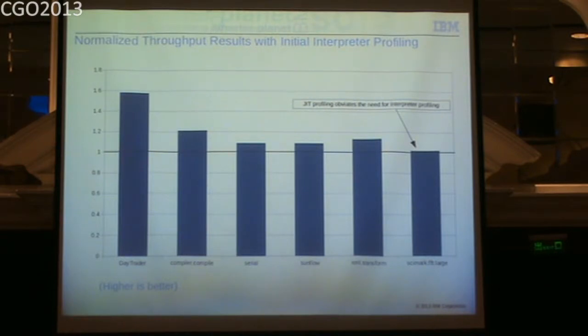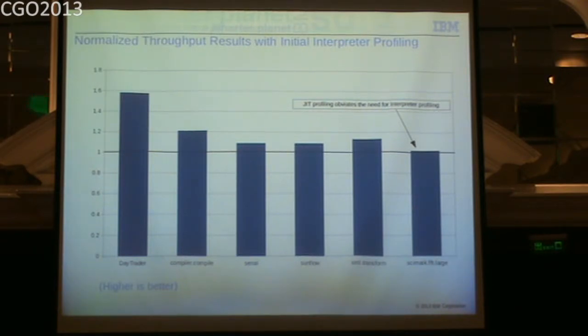So I have DayTrader, which I previously showed, and then there's SPECjvm 2008, a subsection of the SPECjvm 2008 suite. You can see on DayTrader we were able to improve performance by nearly 60%, and for the benchmarks from SPECjvm 2008, our improvement ranged from just over 20% in compiler.compile to nearly nothing in SciMark.